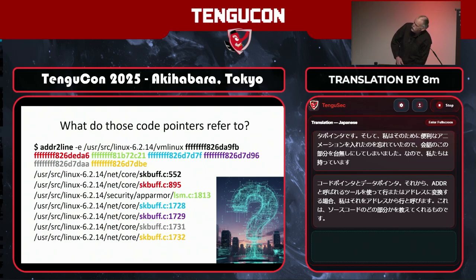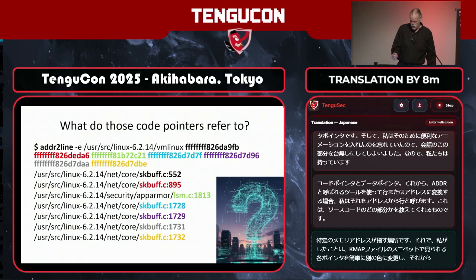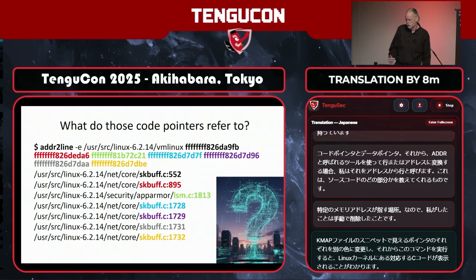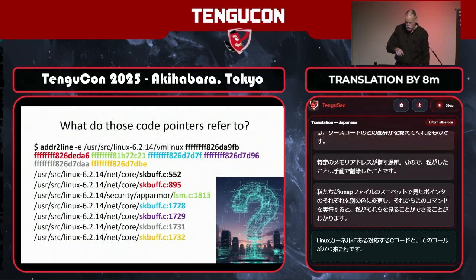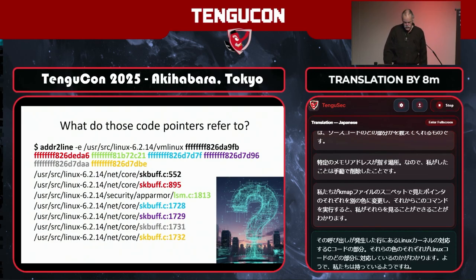So what I did was I changed each of the pointers that we see in a snippet of the KMap file to a different color, and then I just ran this command, and you can see the corresponding piece of C code in the Linux kernel and the line that that call came from. Each one of those colors corresponds to a piece of the Linux code. So it looks like we had a lot of skbuff in this particular command that we looked at.